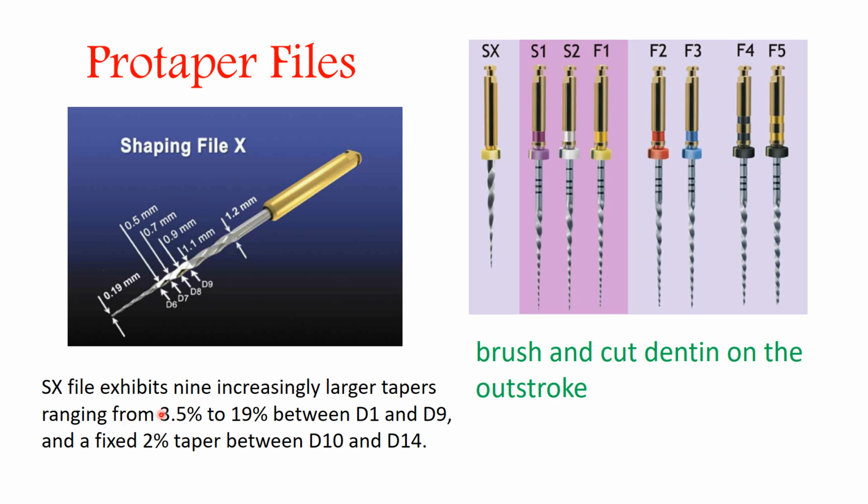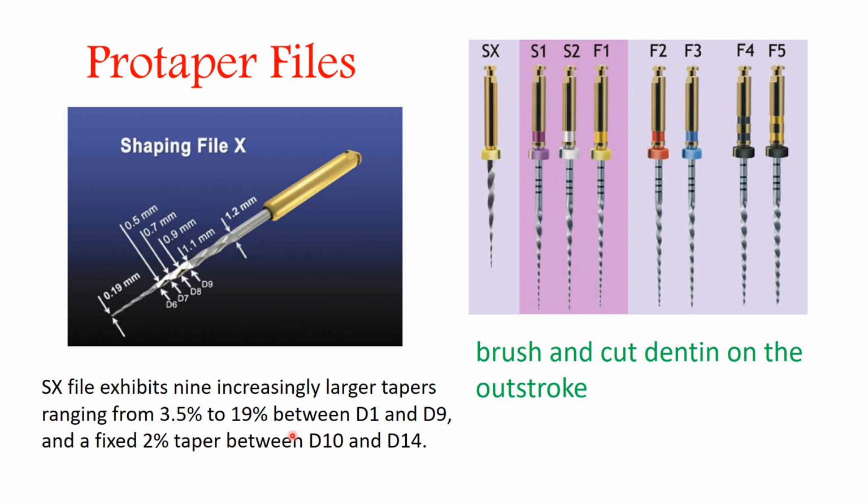This file exhibits 9 increasingly larger tapers, ranging from 3.5% to 19% between D1 and D9. I've already told you the concept of variable taper: these ProTaper files are a variable taper system. Variable taper means at some point there are increasing tapers, and along other portions of the file there is decreasing taper.